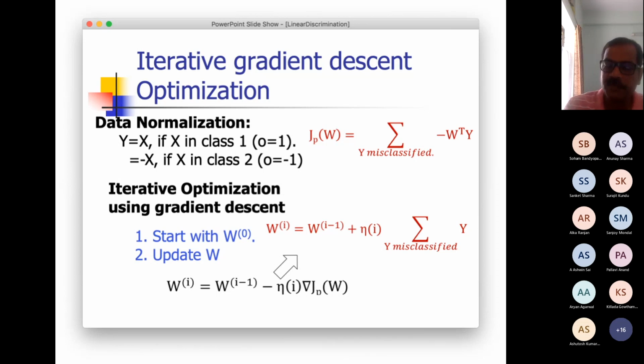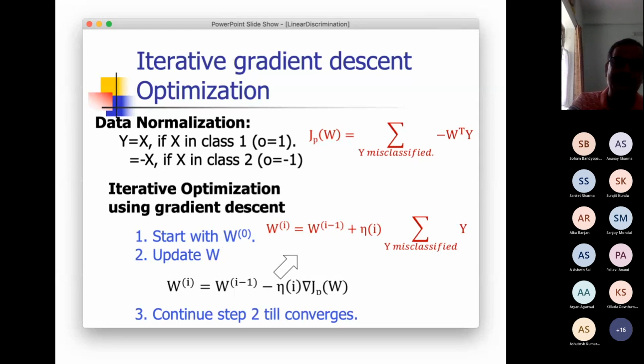So simply what you are doing in this algorithm is finding out which samples are misclassified, and taking the resultant vector of the misclassified samples as the step for updating, with a proportional value. So that is a simple algorithm. You should continue till it converges.